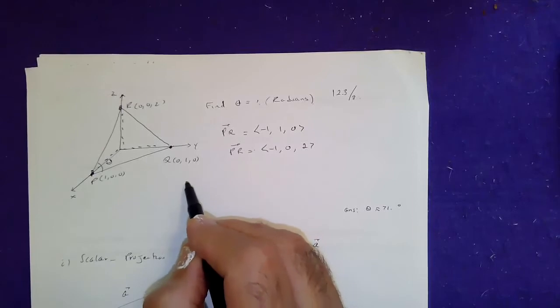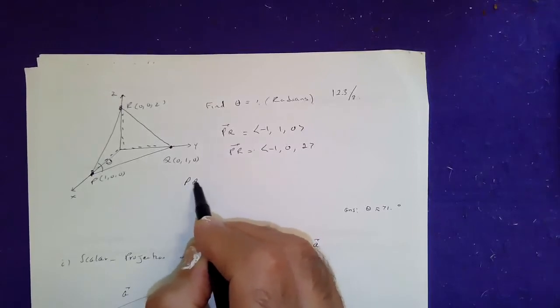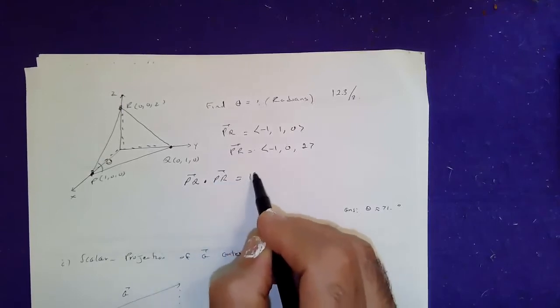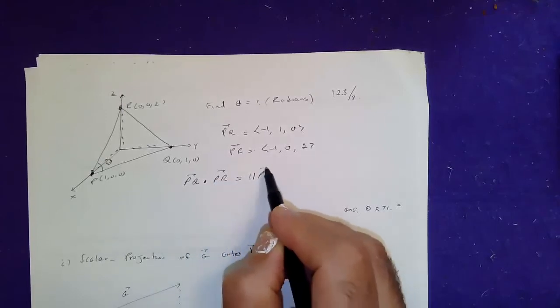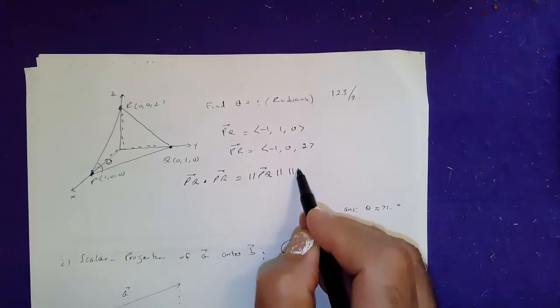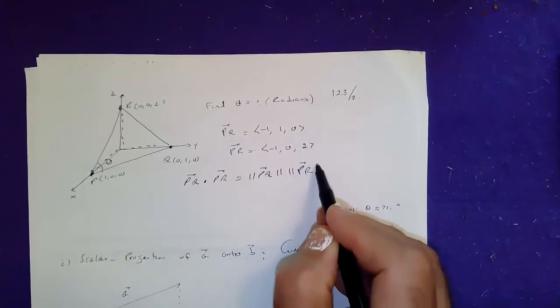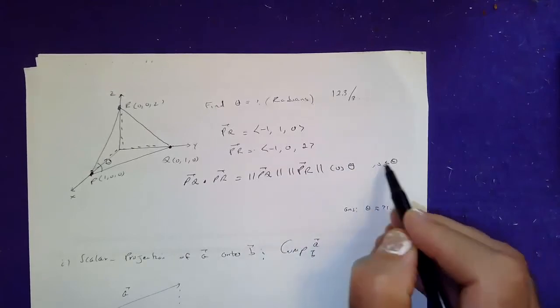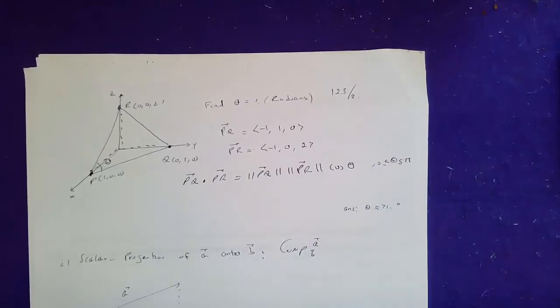Now I'm going to use the formula PQ dotted with PR equals magnitude of PQ times magnitude of PR times cosine of the angle between them, where theta goes between 0 and pi, correct?